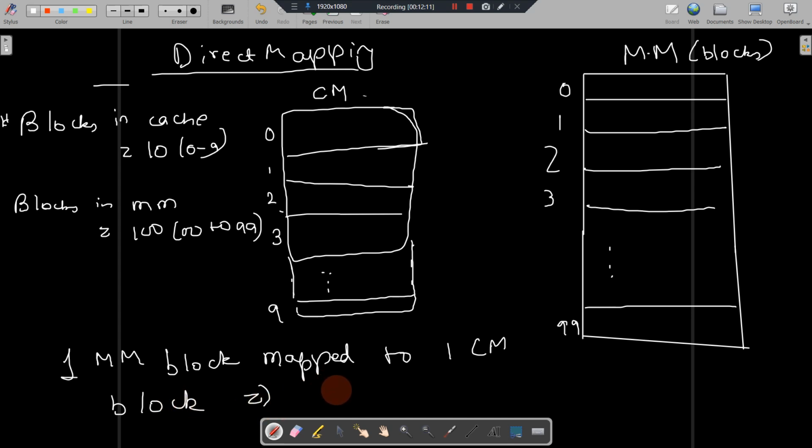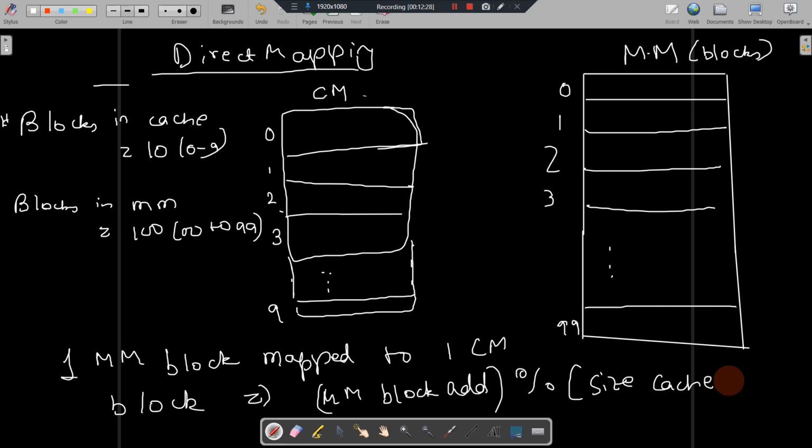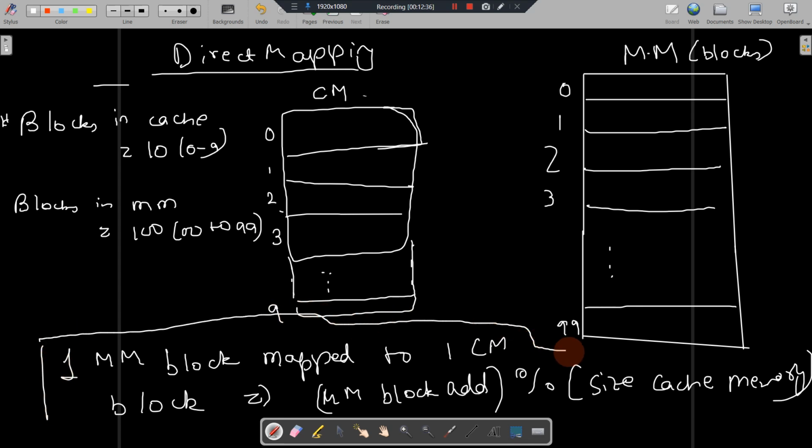We will take the main memory block address and modulo it with the size of our cache memory. This is the logic of how one main memory block is kept inside the cache memory.